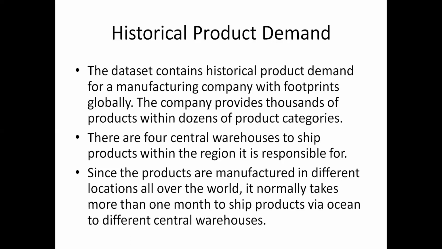And since the products are manufactured in different locations all over the world, taking more than a month to ship, it takes more than 1 month to fulfill the order. Therefore, we are looking for some production beforehand so that we can have sufficient inventory during that period of 1 month.